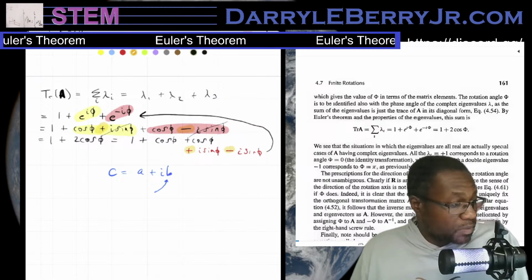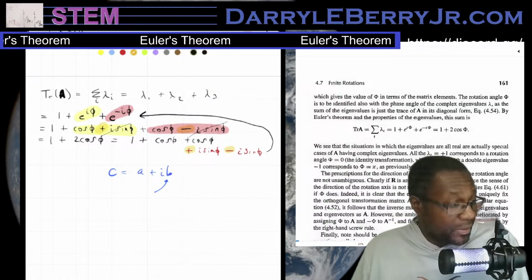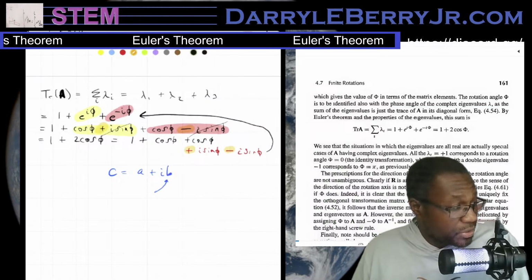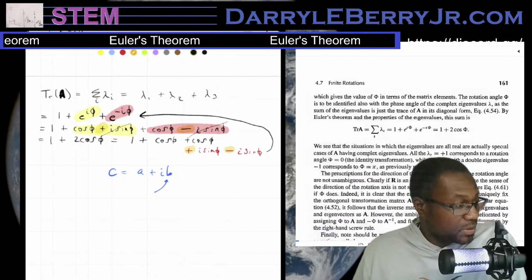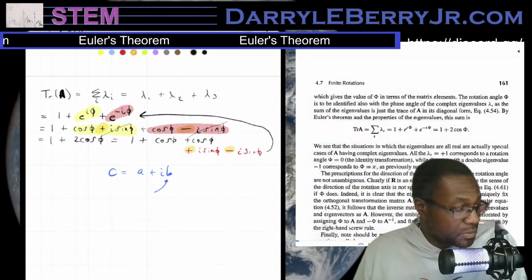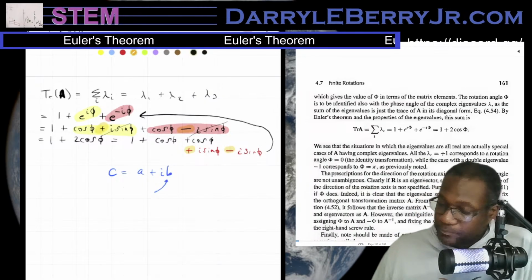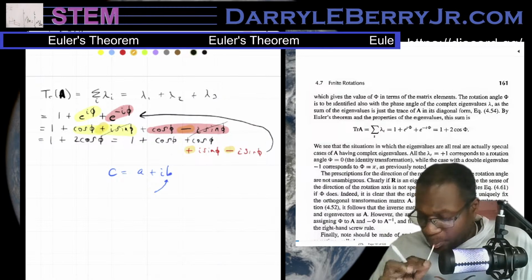All lambda i equals plus 1 corresponds to a rotation angle phi equals 0. Okay, that makes sense, because if everything has an eigenvalue of 1, then there's no rotation. That's what I'm seeing. While the case of a double eigenvalue, -1, corresponds to phi equals pi as previously noted. So I'm going to have to look at that again. Oh, you know what?